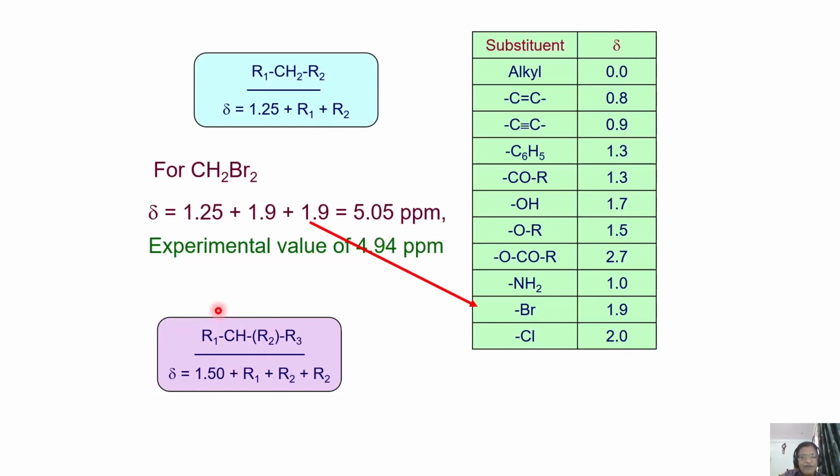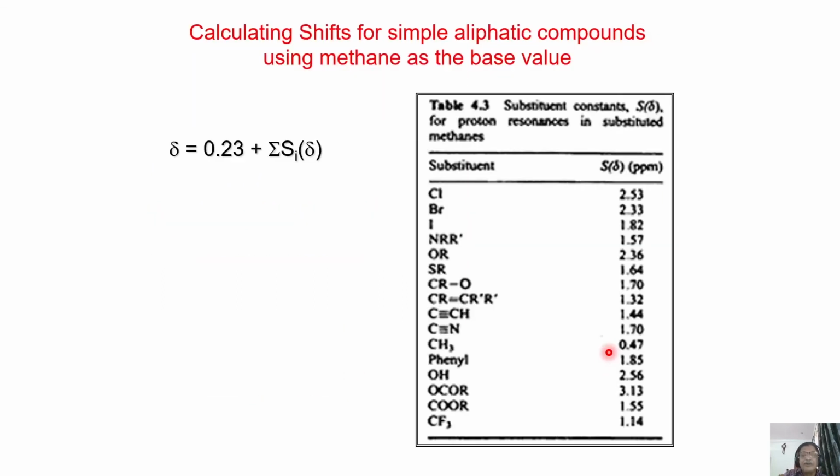Now what happens if I consider a CH proton? If there are three such substitutions, R1, R2, R3, in the same way, depending upon what the R groups are, you can do that. Okay, a very simple way. Now I will take the example of an aliphatic carbon, CH3Cl. The base value for that is 0.23. That is the chemical shift of methane.